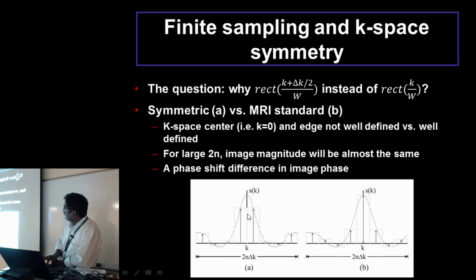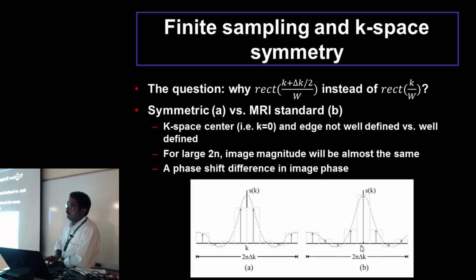You have your sinc function like this. You can sample it in this way, where you're not sampling the center peak, but you're sampling the two other points. Whereas if you shift it by half delta k, you're sampling the center point. Let's say you have 8 points. The center point here is lying between the 4th and the 5th point, whereas here it's lying on the 5th point.